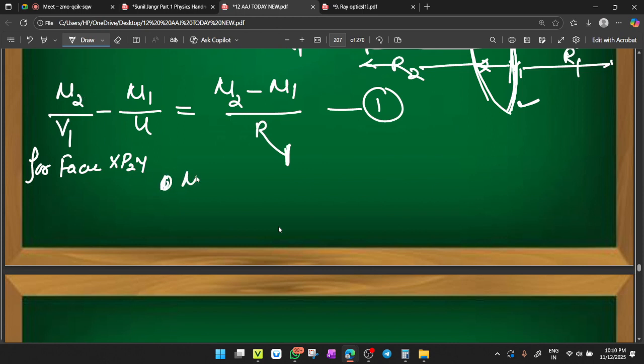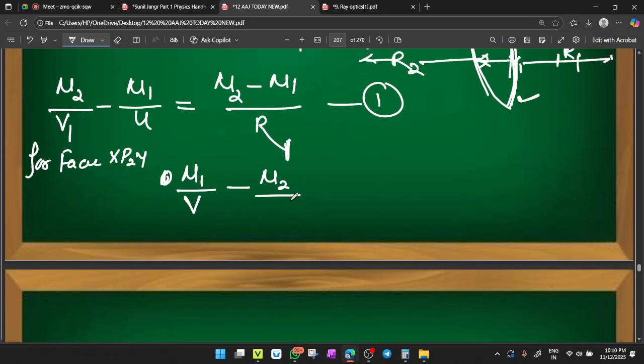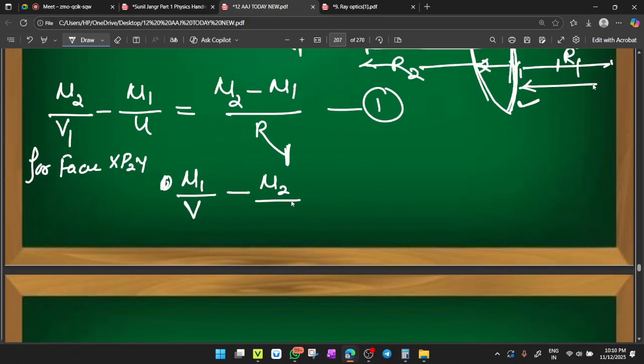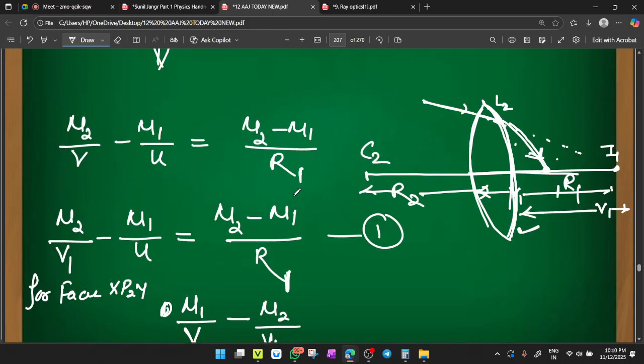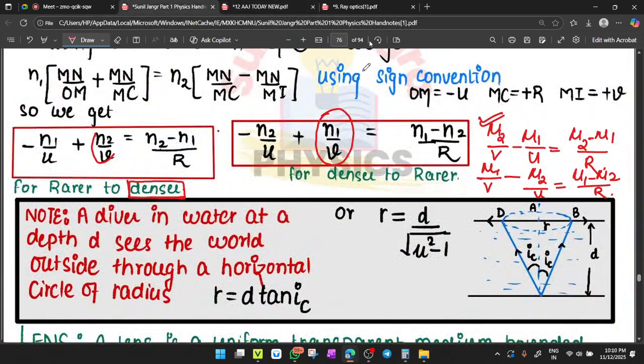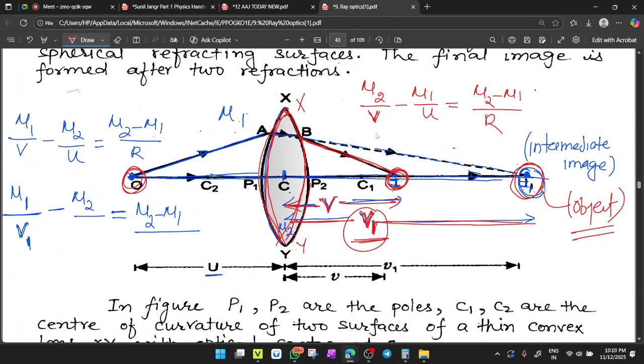So here mu1 upon v. What is the final image here? V is your final image. Clear or not clear? Mu1 here. Now minus, interchanged, mu2 upon u. So what is u here? You know this is your u. V1 becomes u. Yes or no? V1 becomes u because, check here, the final lens forms the image of this intermediate image.